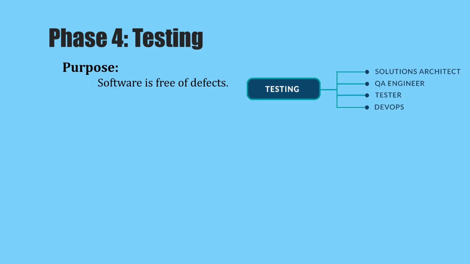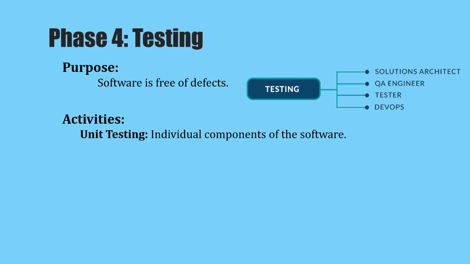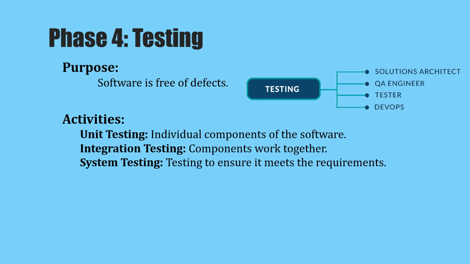Phase 4, testing. The purpose is verifying that the software works as intended and is free of defects. Activities are unit testing, testing individual components or units of the software. Integration testing, ensuring that different components work together seamlessly.